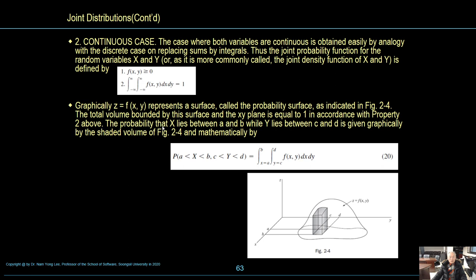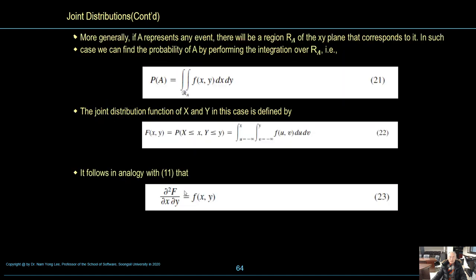The probability that X lies between a and b while Y lies between c and d is given graphically by the shaded volume of figure 2-4 and mathematically by formula 20. More generally, if A represents any event, there will be a region RA of the xy plane that corresponds to it.